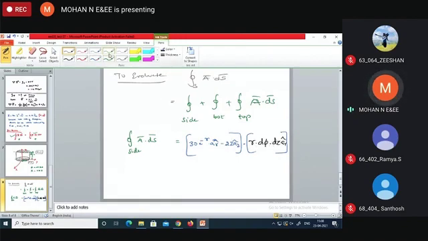Now you have to integrate this along two limits: phi from 0 to 2 pi, and z from 0 to 5. First take the dot product of this vector and this vector, then simplify and apply the limits.